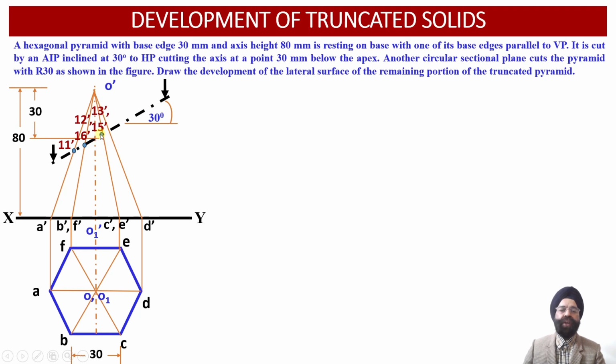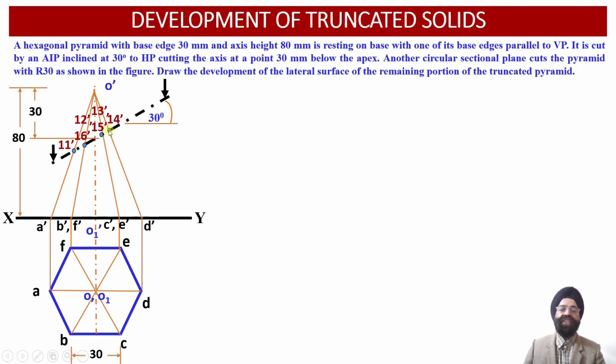Then the next 2 points of intersection which are obtained on the cut section will be corresponding to the intersection of the cutting plane with the slant generators O dash C dash and O dash E dash over here. So 13 dash happens to be the point which is lying on the slant generator O dash C dash, whereas the 15 dash point of intersection is obtained by virtue of intersection of the cutting plane with the slant edge O dash E dash over here.